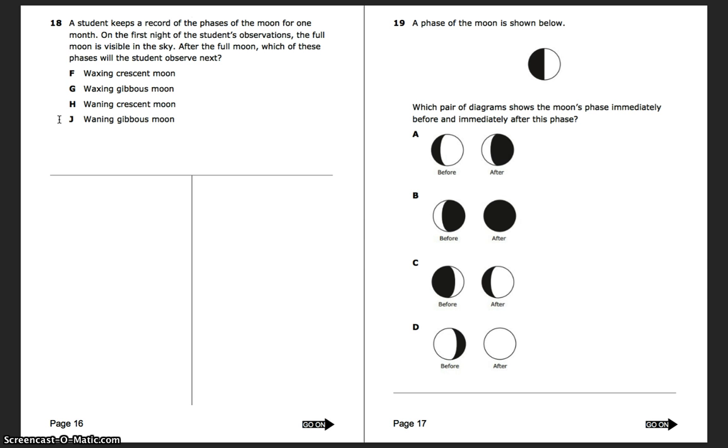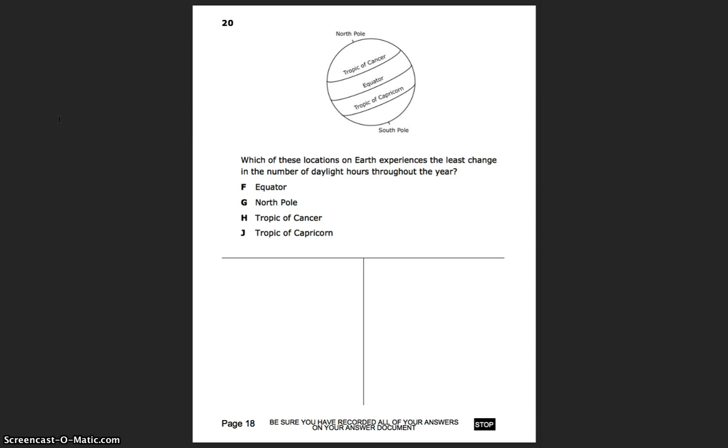Number 19. A phase of the moon is shown below. Which pair of diagrams shows the moon's phase immediately before and immediately after this phase? A, B, C, or D? Number 20.